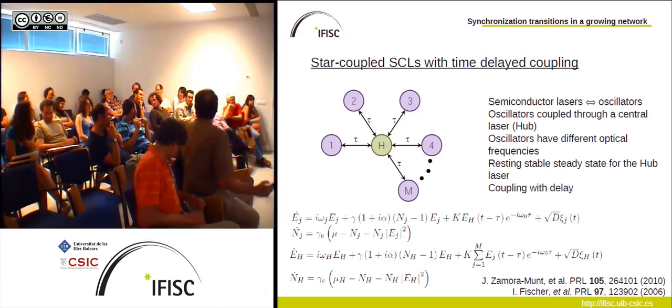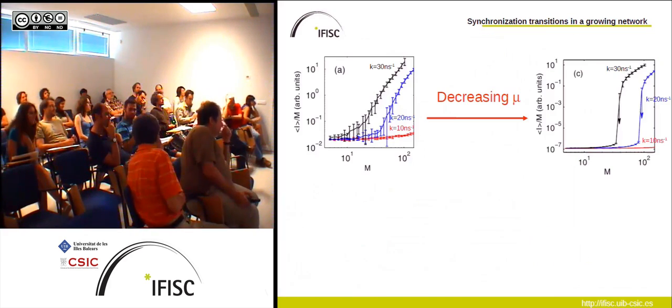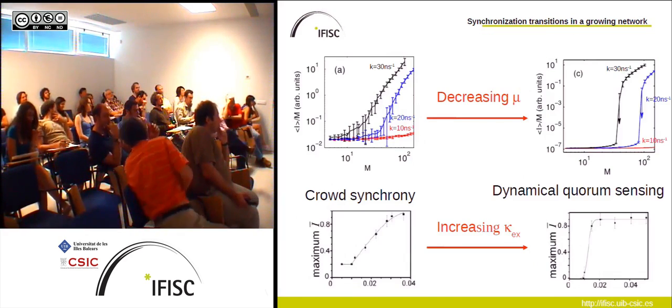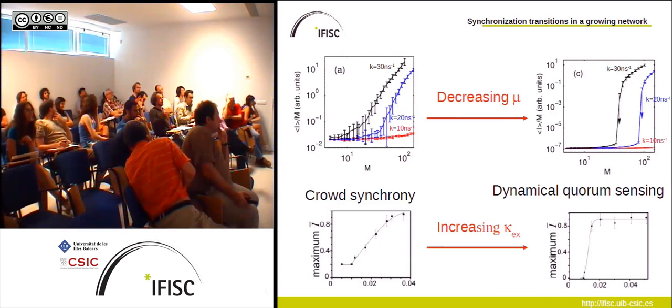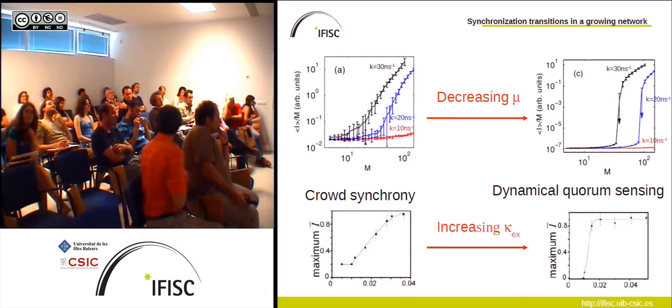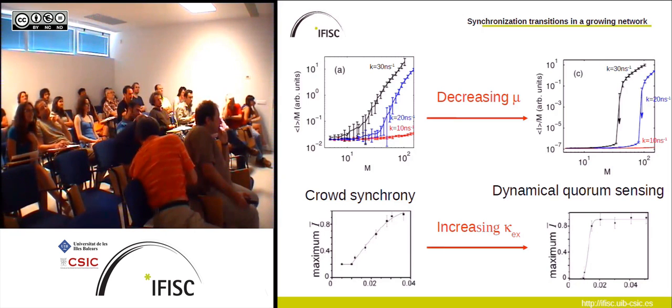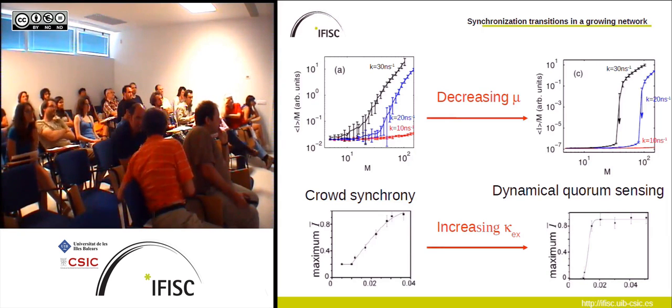Would you like to see the picture, please, in the case when you compare both? Yeah. So, what do you mean by this? Downwards errors over there. Yeah, because the finite size effects take into account that here we only have 100 lasers.